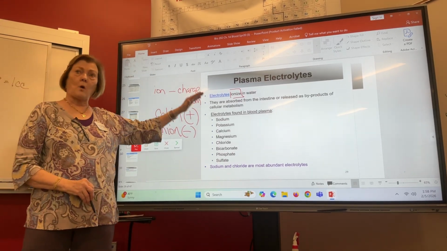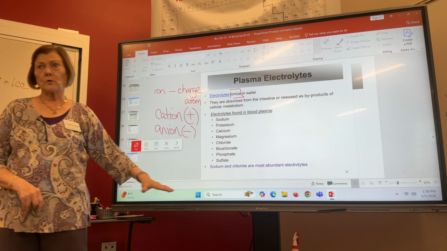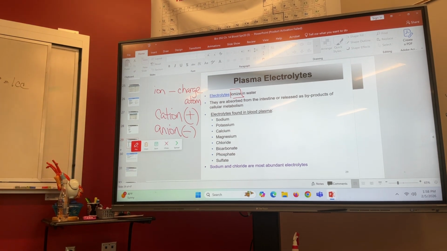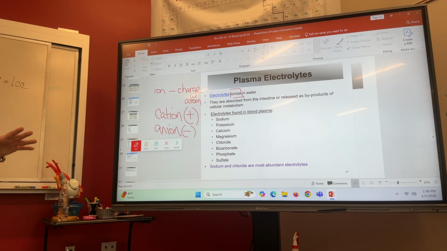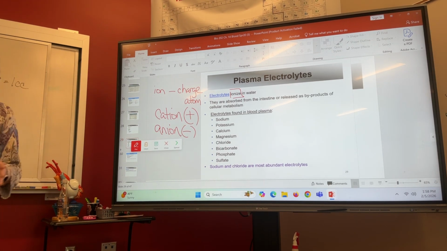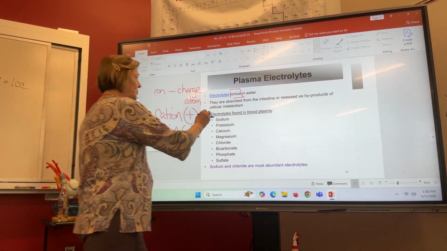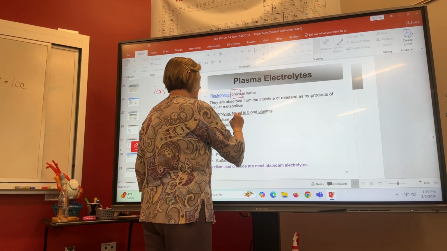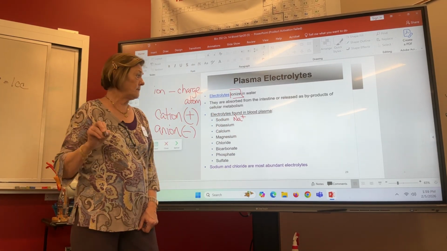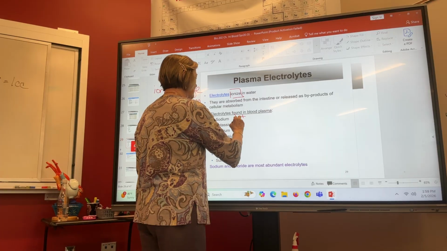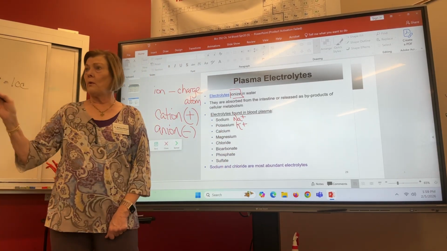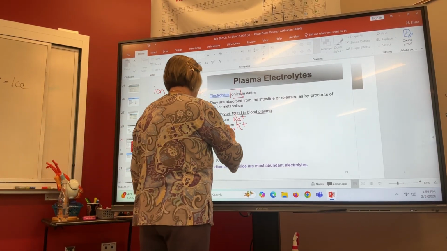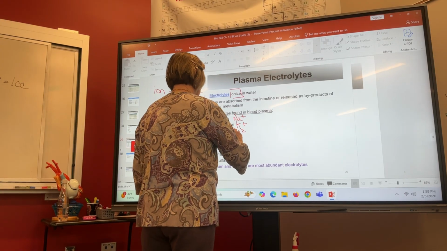I'm going to write on here the chemical symbol. Right now, you're fine not knowing any of them. Later, I'm going to request that you learn some. But you know that sodium is a cation. It's a +1. Potassium is a +1. We've already run into calcium. It's +2.